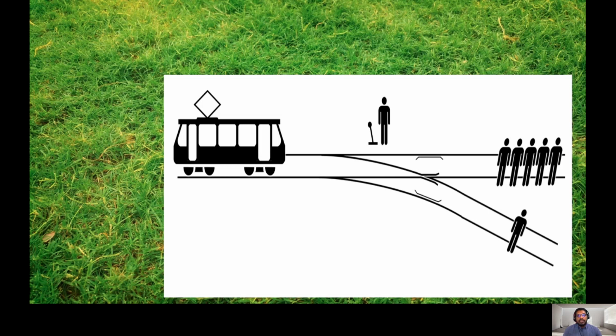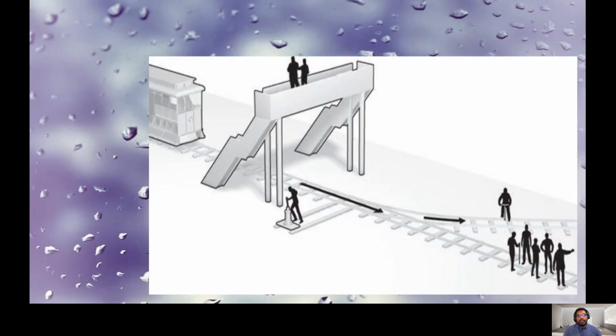Now, if you change the case slightly, instead of you running the trolley as a driver, you are standing on the bridge under which the trolley is going to pass. You are an innocent onlooker.